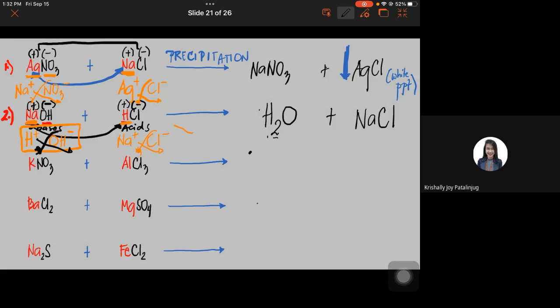Okay, another information, kindly take note, if in a chemical reaction, acids are being reacted with bases, that is specifically known as neutralization type of reaction. It's quite easy to understand, diba? If you react an acids and bases, you are neutralizing the solution.